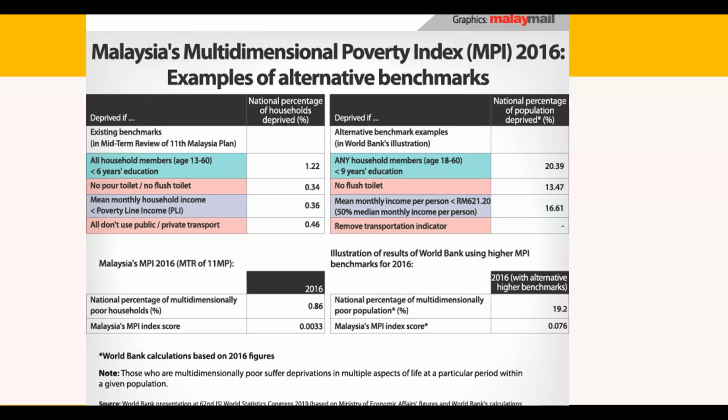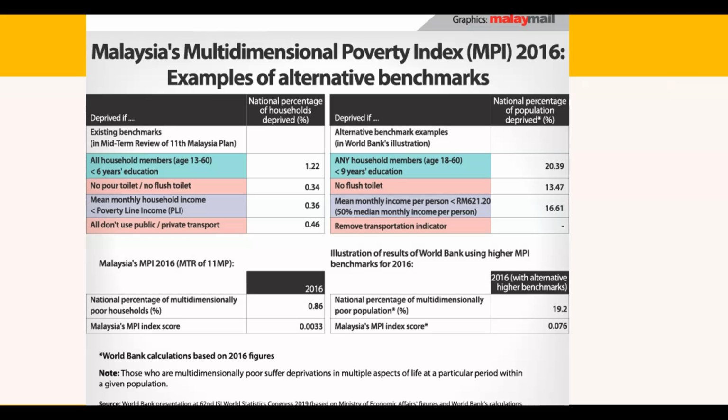Sebab kadang-kadang dalam family kita selalu tahu, within the family members, only the elders sacrifice for the younger siblings to go to school. They have to sacrifice. Kalau macam tu dia tak kira kalau dekat MPI Malaysia, sebab dia kata make sure all. Tapi kalau dekat World Bank dia kira any household members. Either lah, tak kisahlah.